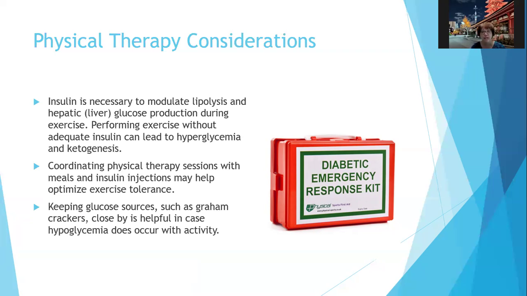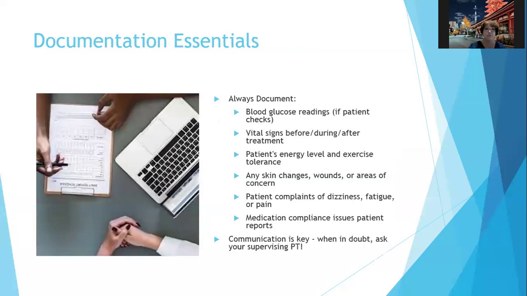So coordinating PT sessions and home exercise sessions with meals and insulin injections may help optimize exercise tolerance. Keeping glucose sources like graham crackers or honey or glucose tablets in a diabetic emergency kit can be helpful in case someone is hypoglycemic with activity.